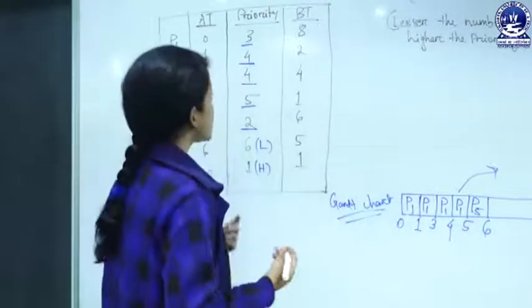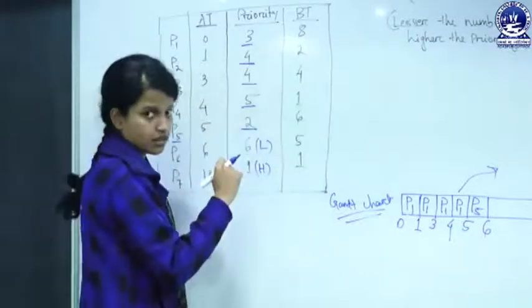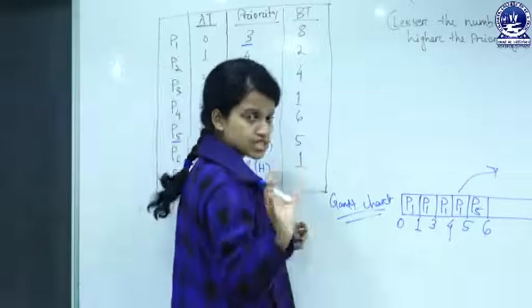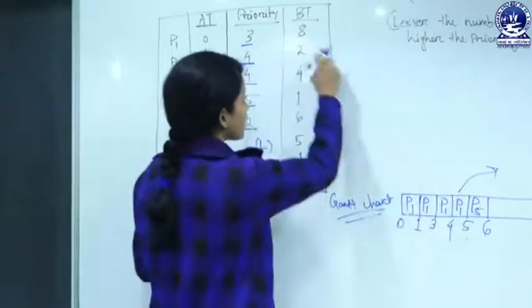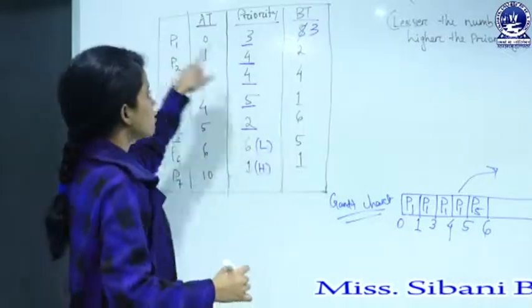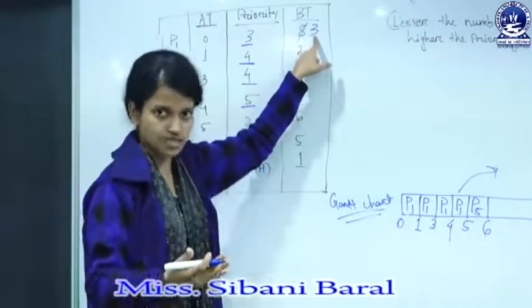The burst time of P1 is 8 and P1 has done its execution in the first phase for 5 milliseconds. So 8 minus 5 is 3. P1 requires 3 more milliseconds to complete its execution.